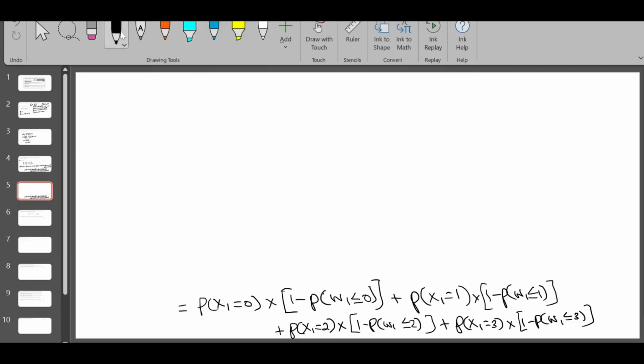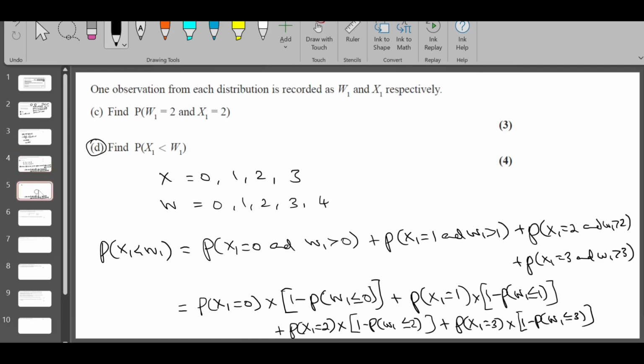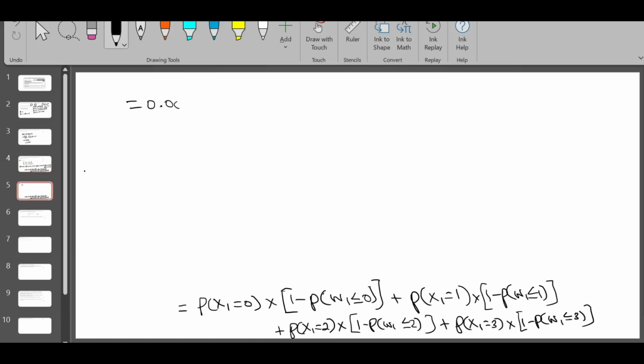So what I'm going to do now, P of X1 is 0. We calculated the probability here, which is 0.008, right? Don't use the rounded figure, use the actual figure. 0.008 times 1 minus, for this value, W1 is equal to 0.